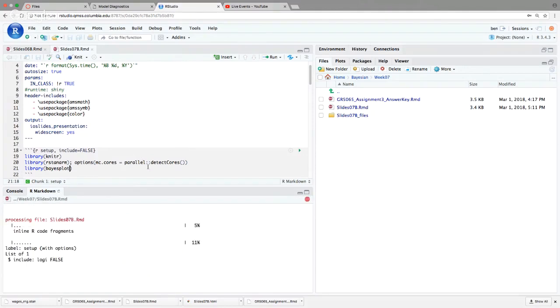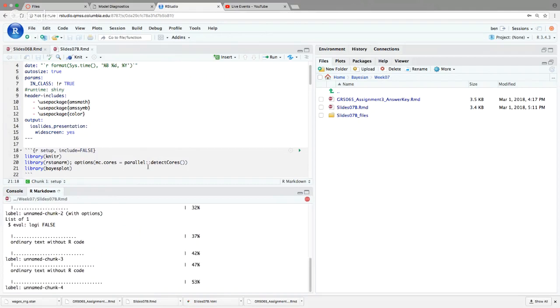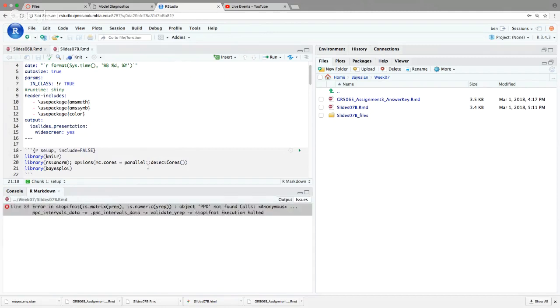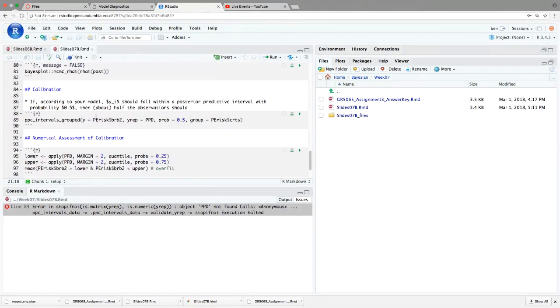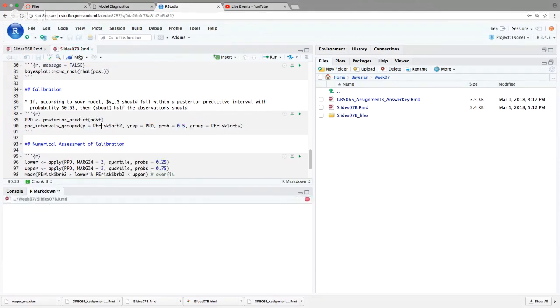Like I said in a couple of responses on Piazza, it's more common with the Bayesian approach than the frequentist approach to look at plots, because the answer is really a whole posterior distribution.